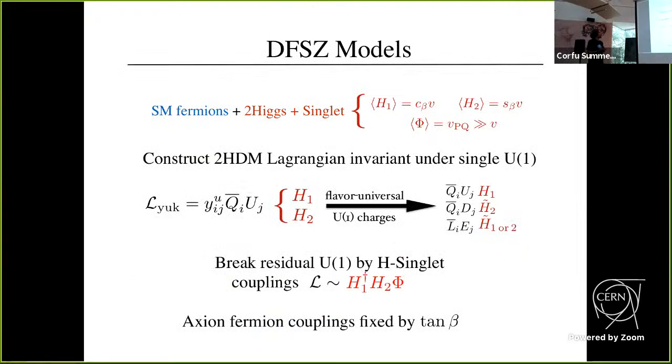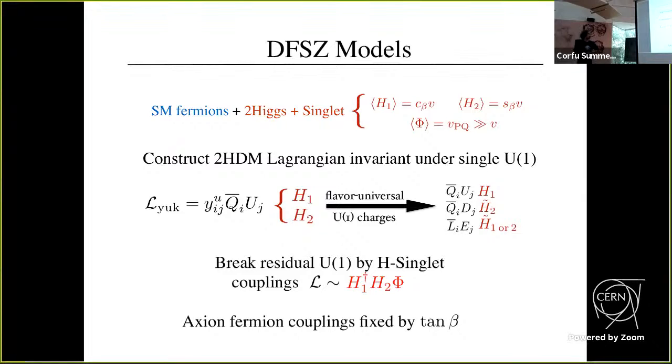Okay, so very briefly, DFSZ models, as I said before, have standard model fermions charged under PQ symmetry, two Higgs doublets, so one more than in the standard model, and the singlet with a VEV setting the Peccei-Quinn breaking scale. Then we can construct a two Higgs doublet model Lagrangian consistent with the charge assignments for the standard model fermions.